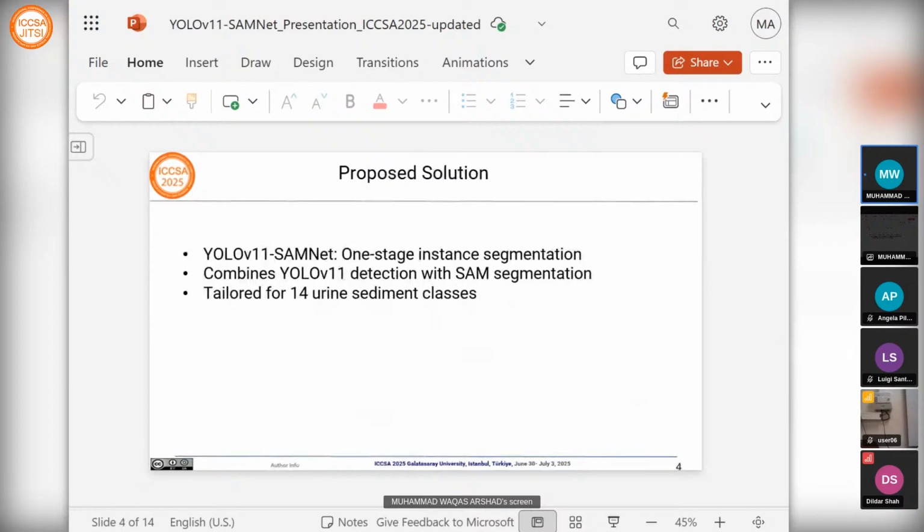The proposed solution we suggest is one-stage instance segmentation.